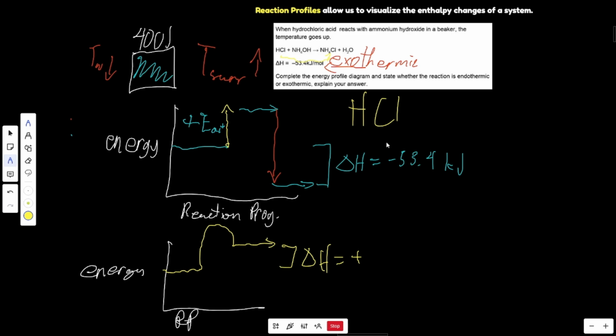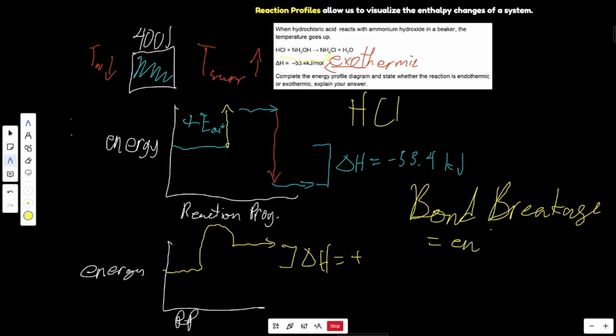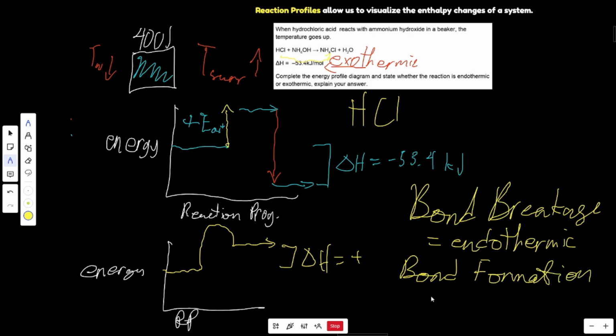And in order to break bonds, bond breakage is endothermic. Right? And how about bond formation? Bond formation is, well, the opposite. Bond formation is exothermic.